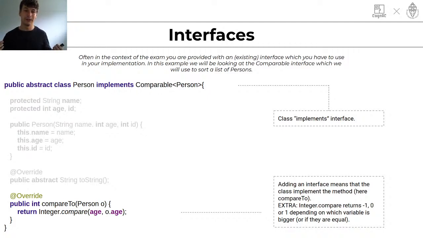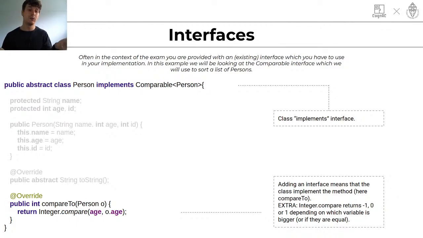The Comparable interface basically gives some sort of default method on how to sort a list or how to sort a specific object. So in this case, you can see the method compareTo, which is there because of the Comparable interface, and in there we say Integer.compare(age, o.age).